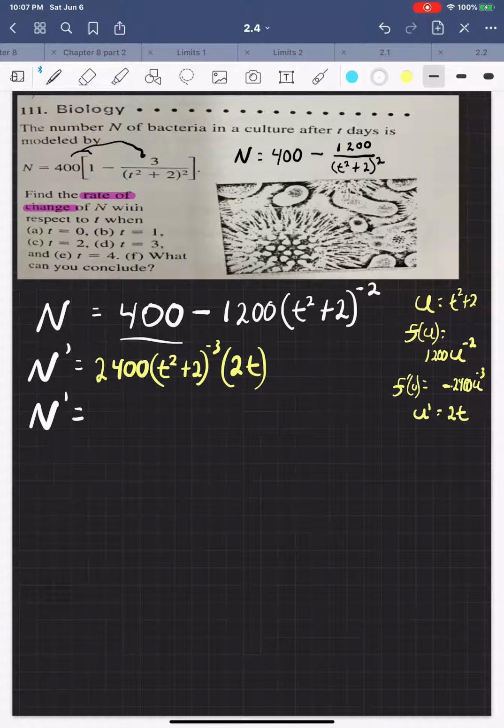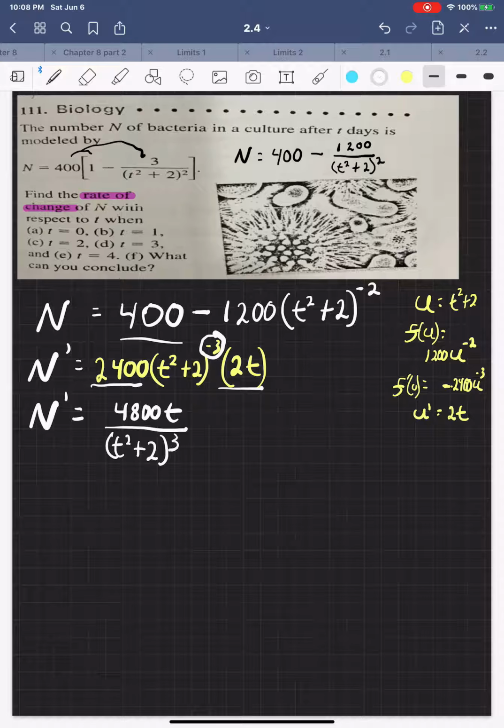If I do 2400 times 2t, that would be 4800t, and since I have a negative exponent on this base, I can move all of that to the denominator. So let's start with the 4800t. All right, and now let's take the t squared plus 2 to the power of negative 3 and move all that to the denominator so that we have t squared plus 2 to the power of positive 3.